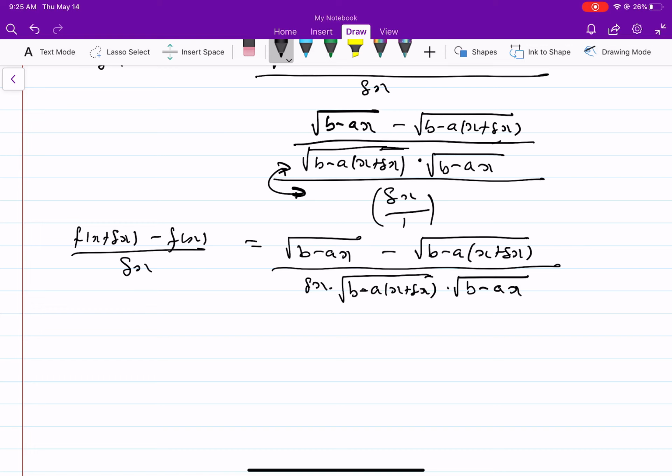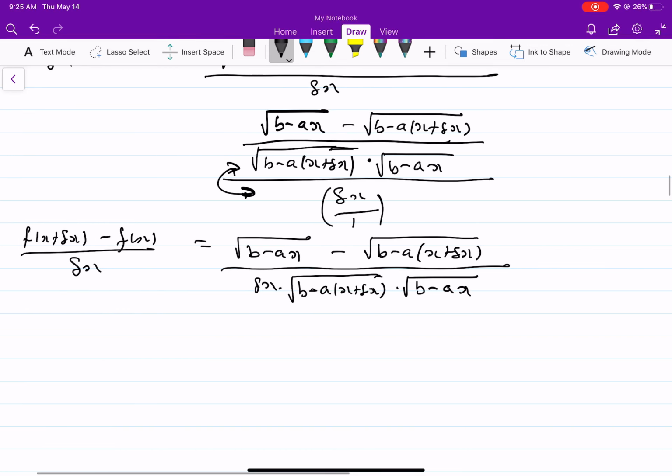Looks like I have to rationalize my numerator here. So I'll multiply top and bottom by the conjugate of my numerator again.